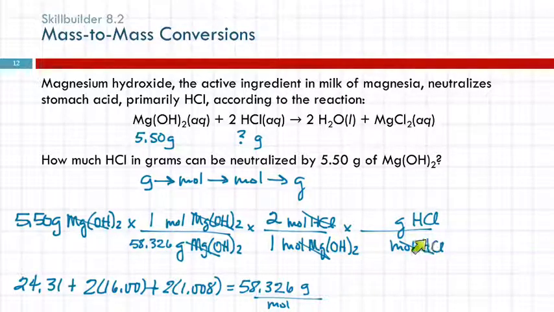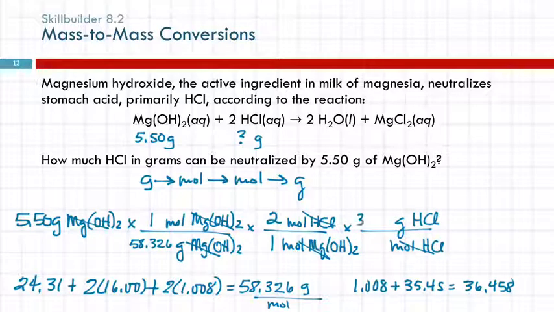And then I need the molar mass for HCl. That's a little simpler. 1.008 plus 35.45. It ends up being 36.458 grams per mole. 5.5 divided by 58.326 times 2 times 36.458 equals.